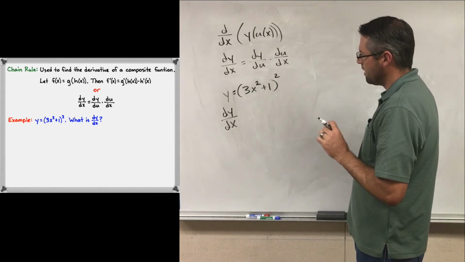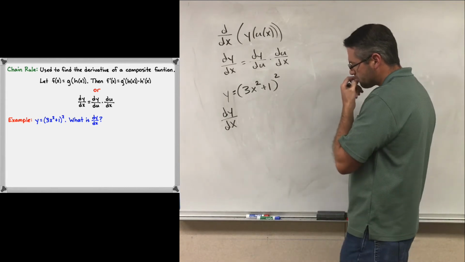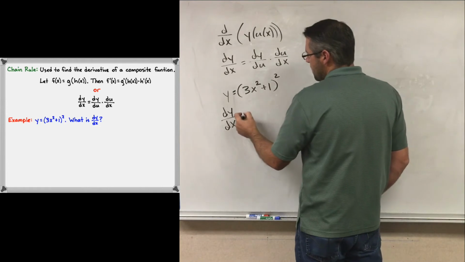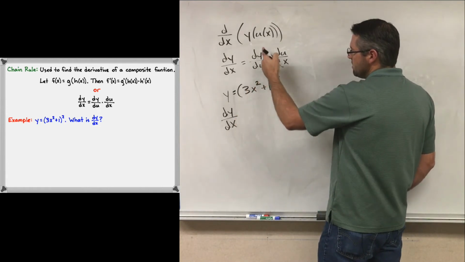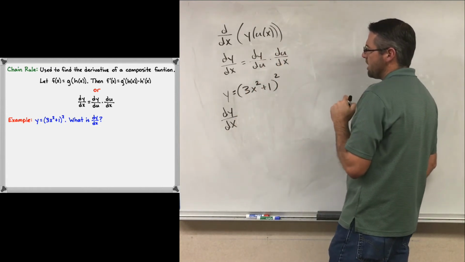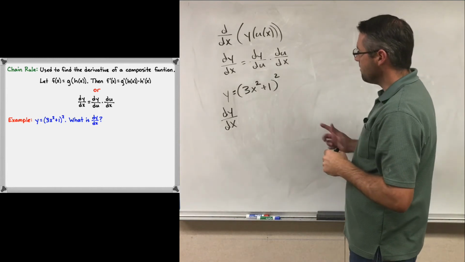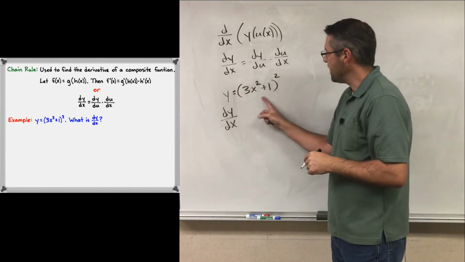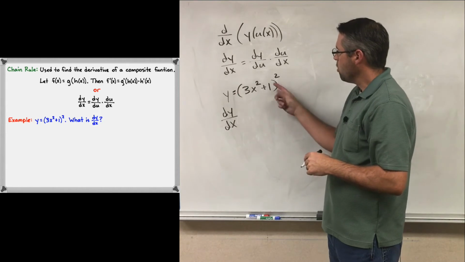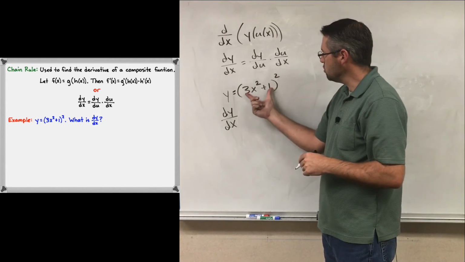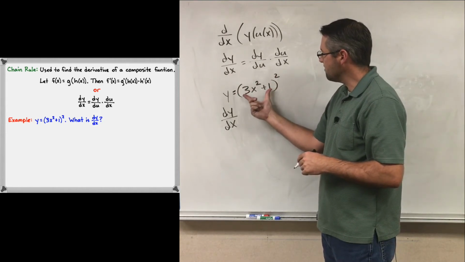But our goal is to look at it through the chain rule so we can verify it. Well, we know that dy dx is equal to dy du times du dx. What does that mean? That means treat this whole thing as a function where the inside, u, is the variable.